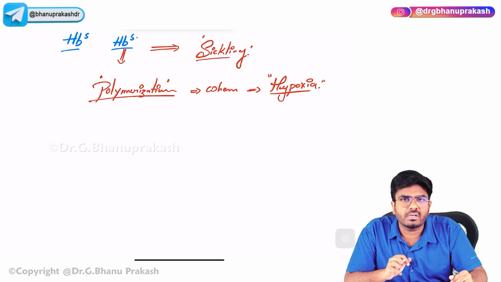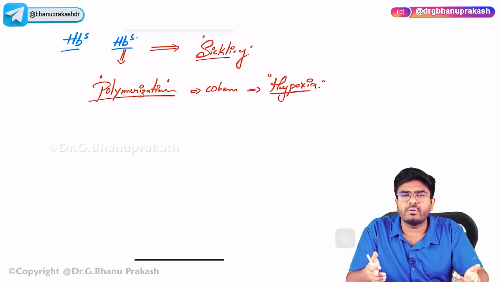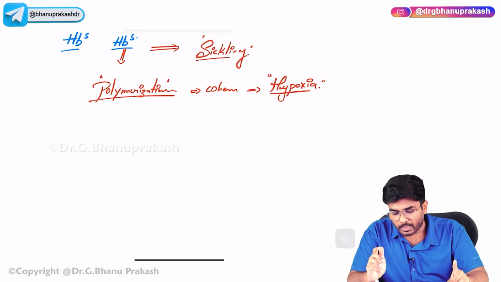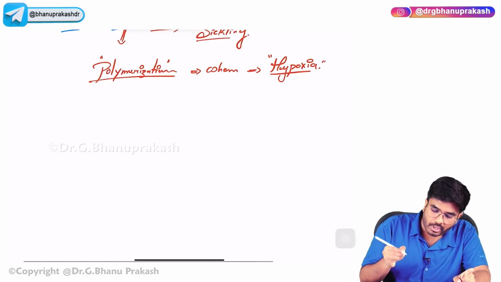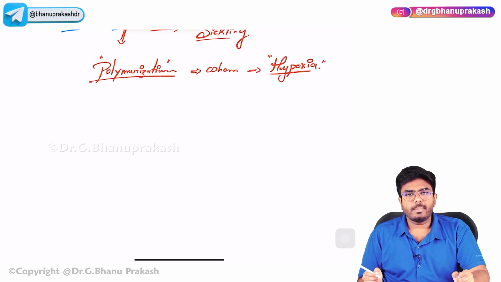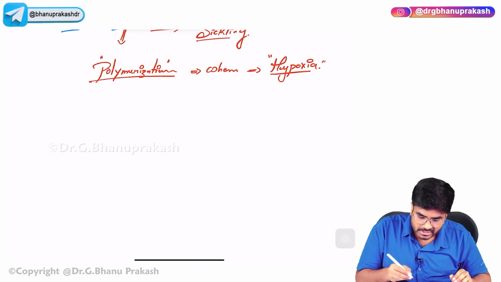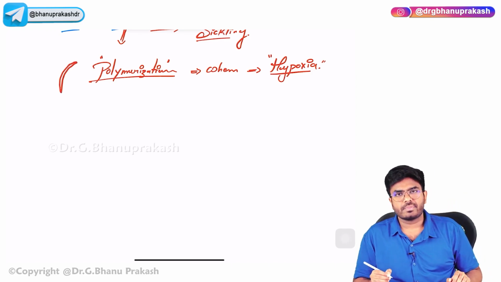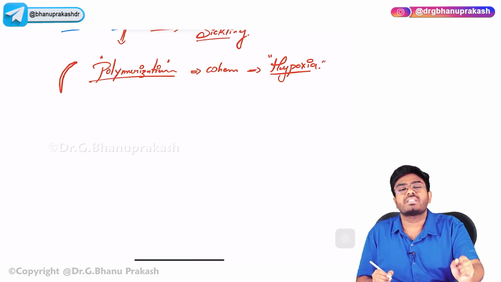Where is the hypoxic condition? In our tissues, relatively there is hypoxia. Because of this polymerization, the RBCs are going to become banana shaped or sickle shaped.